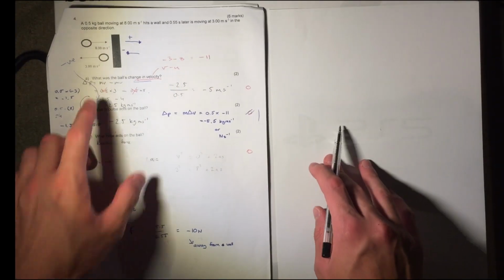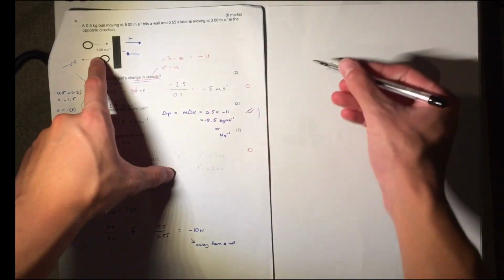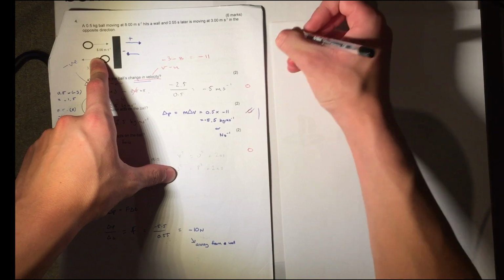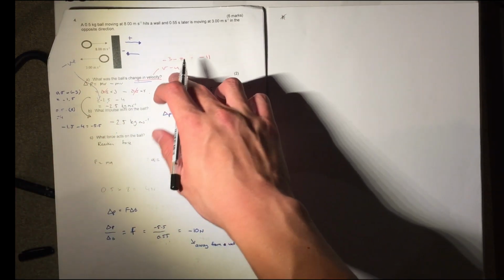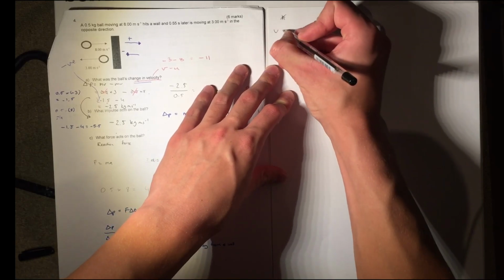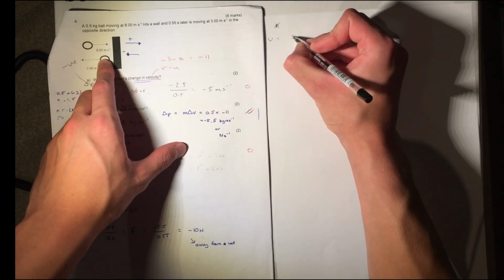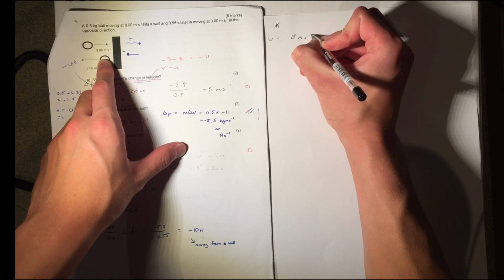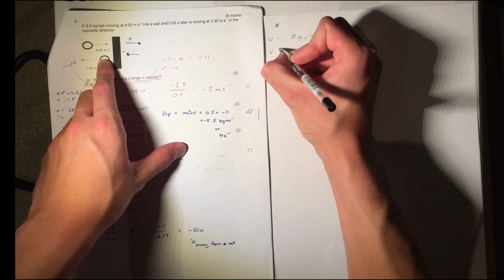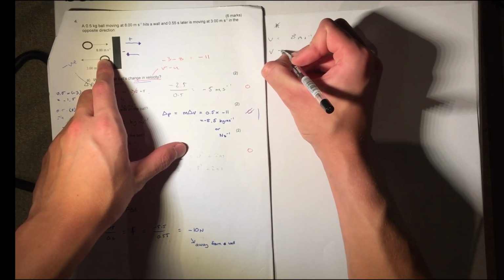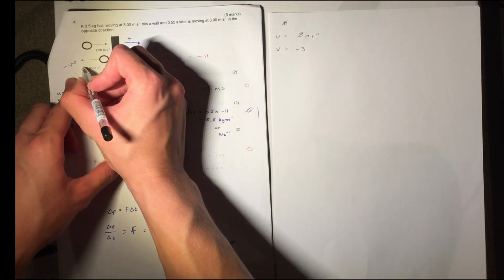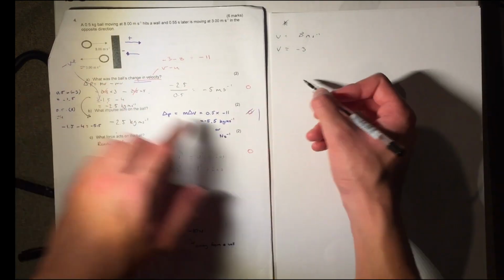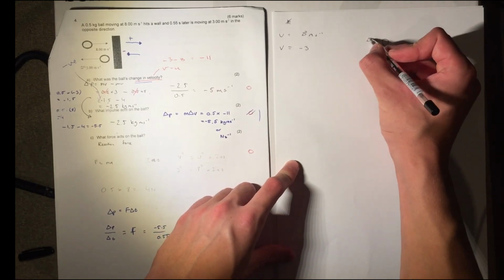Right, so change of velocity. Initial velocity, u, is 8 meters a second to the minus 1, and the final one, v, is minus 3 because it's going backwards.